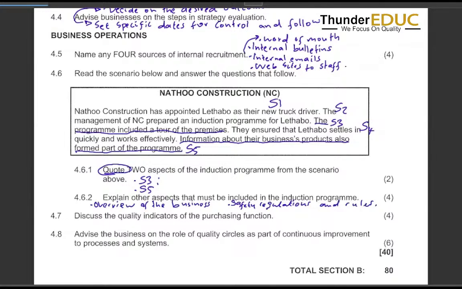4.7 reads as follows: discuss the quality indicators of the purchasing function. One of the quality indicators of the purchasing function is to buy raw material in bulk at lower prices, and also have a great understanding of supply chain management. So you're saying that they should do what?